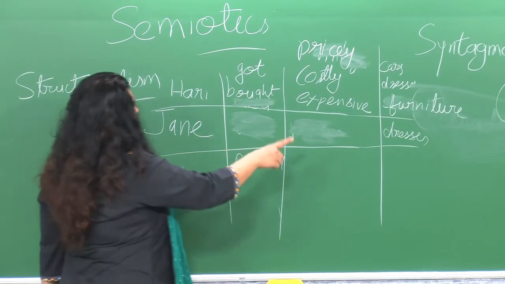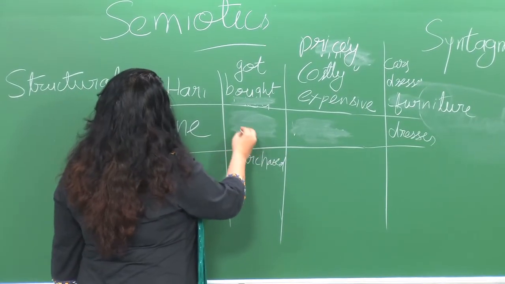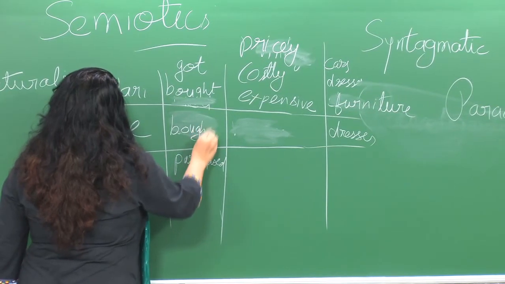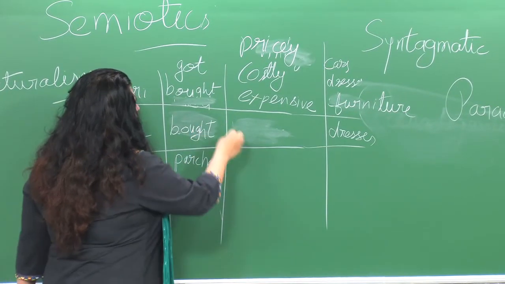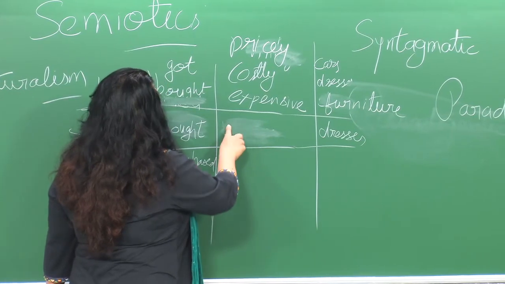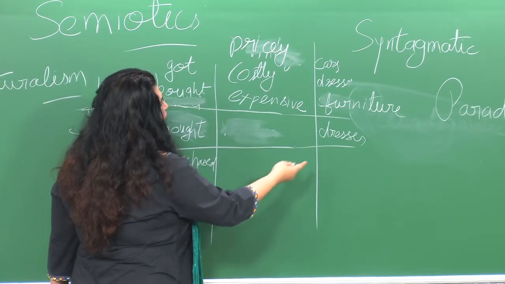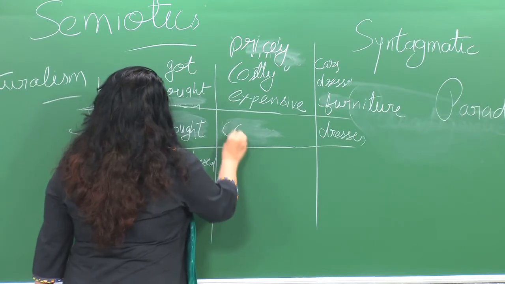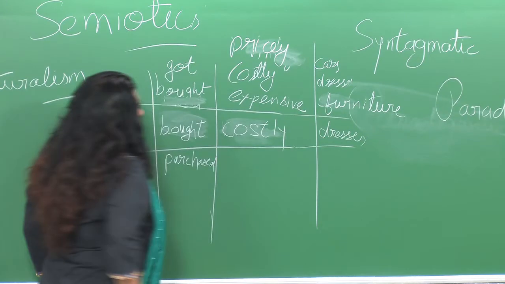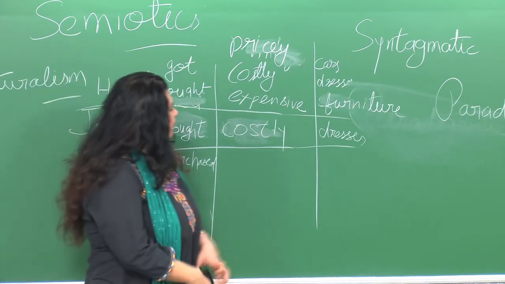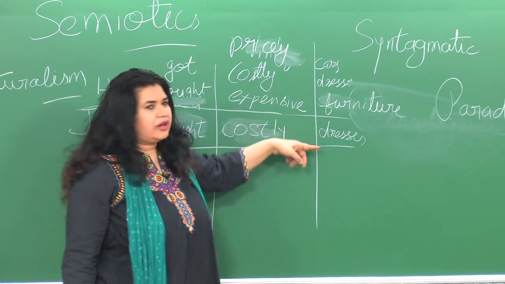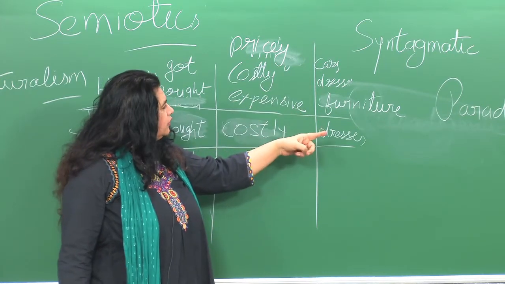Paradigmatic, syntagmatic. Now, Jane bought a pricey, a costly, you can say pricey, costly, expensive dresses. Okay. So, let us say costly. And here dresses can as well be substituted by cars or even furniture.